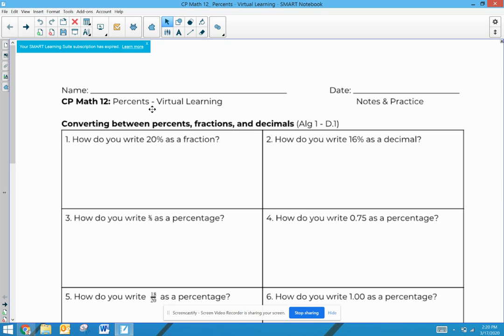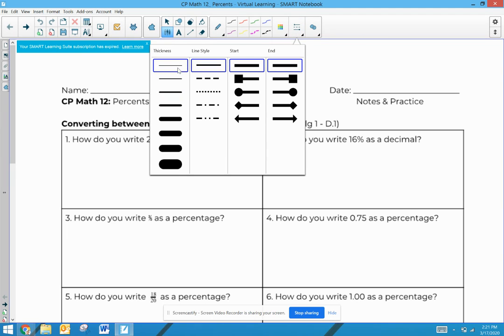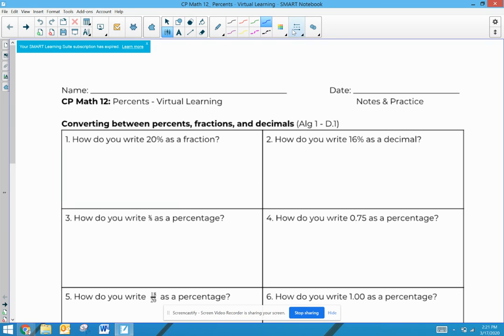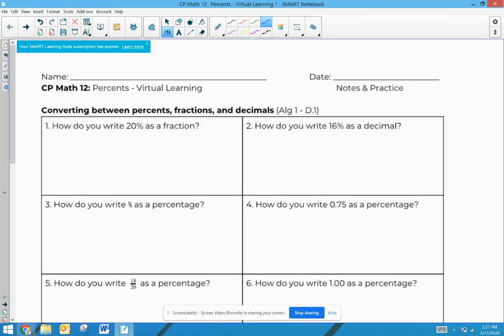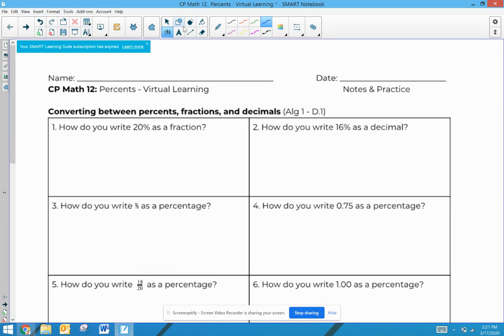So let's get into it. I practiced using the stylus and I wasn't really great at it. But we're just gonna get to it anyway. So here we are. Name. See, told you. Oh, this is annoying.